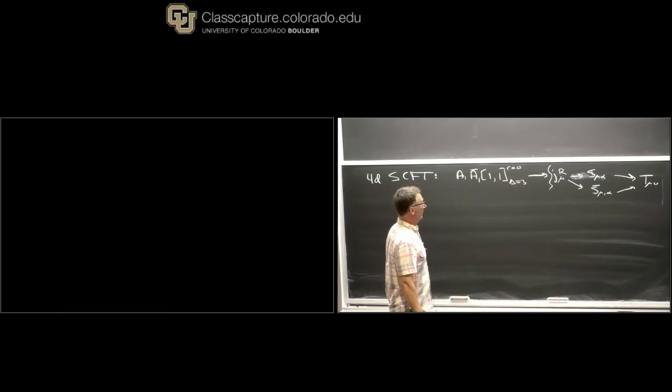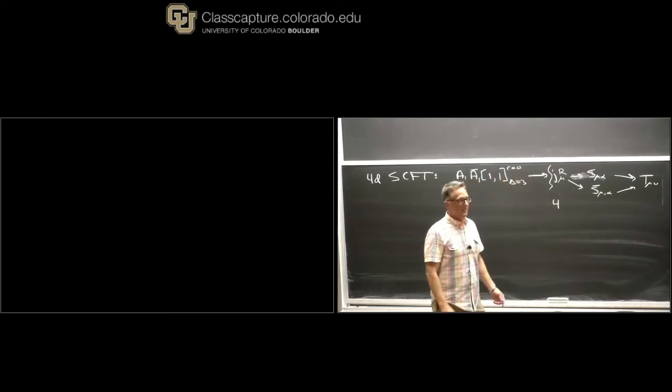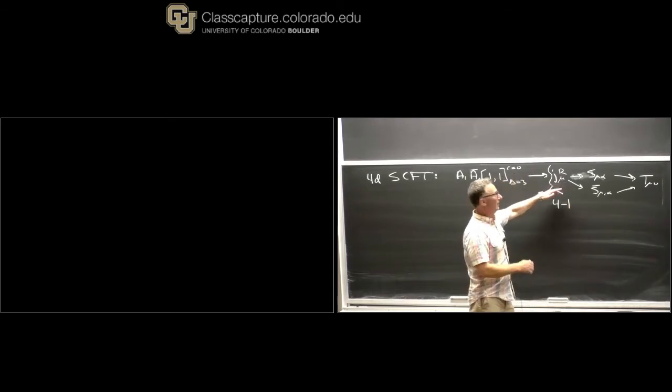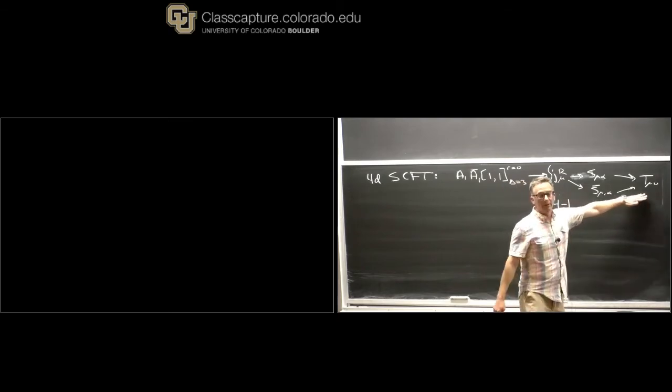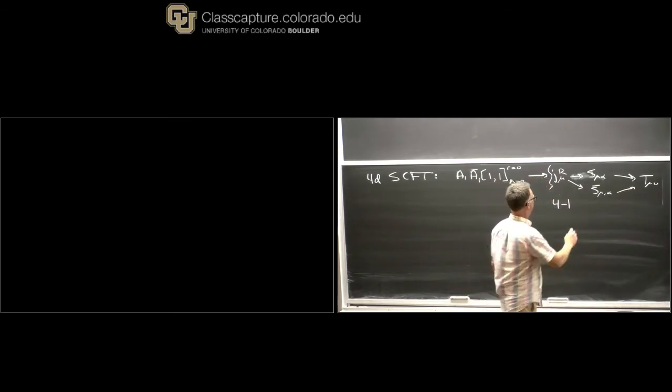If we count the number of operators, there are 4 operators here for the mu index, but it satisfies a conservation law, so I'll write 4 minus 1. The conservation law is that the divergence of this is 0, and that shows up at level 2. So we have to act with some supercharges to see that.